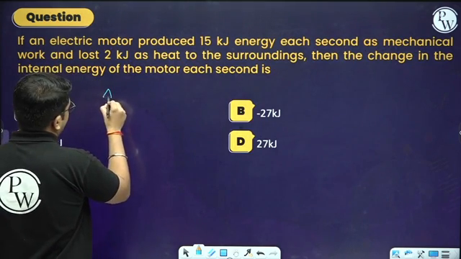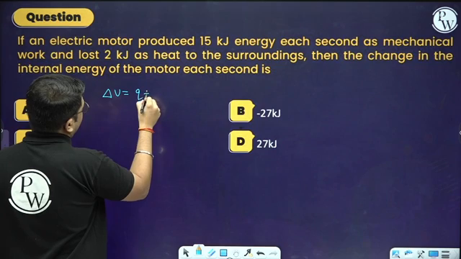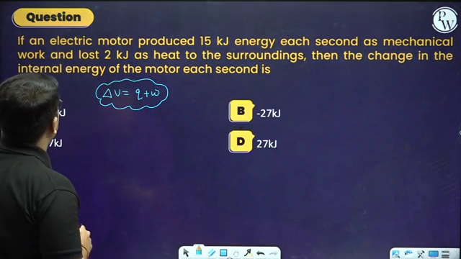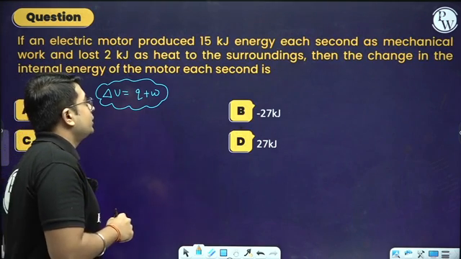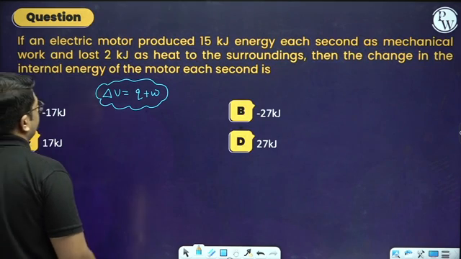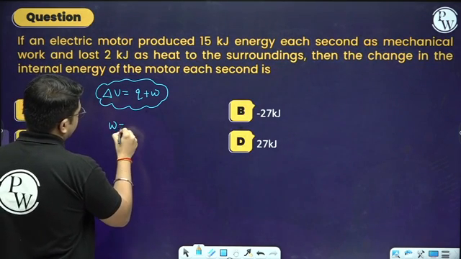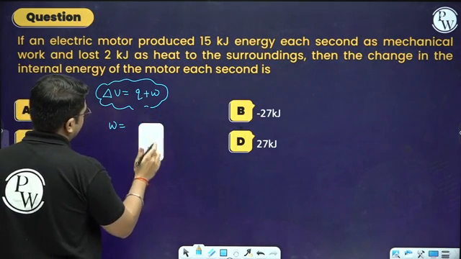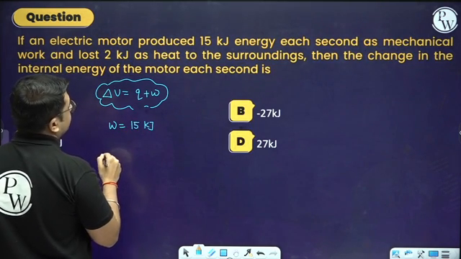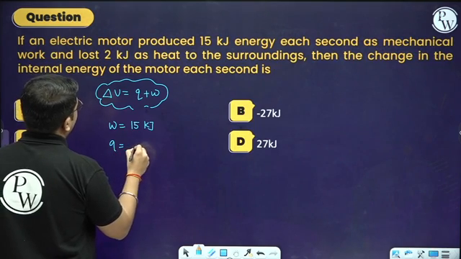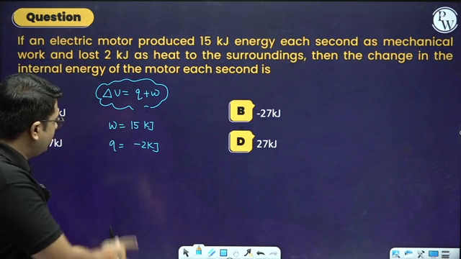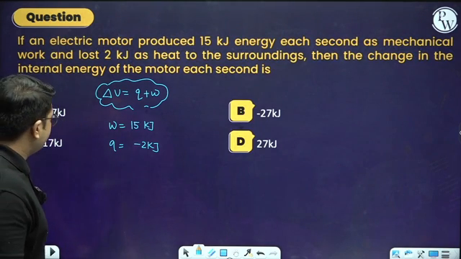Delta U will be equal to Q plus W. The motor produced 15 kilojoule of energy each second as mechanical work, so W is basically 15 kilojoule, and Q will be minus 2 kilojoule because heat is lost.